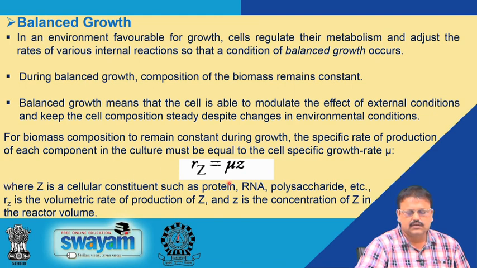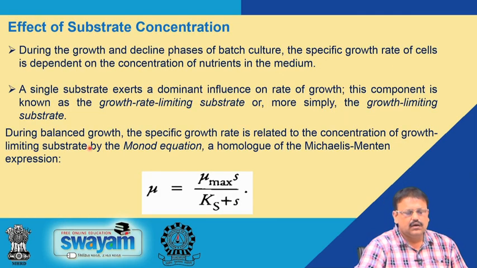In this case R z equals mu z, where z is the cellular constituents such as protein, RNA, polysaccharide, etc., and R z is the volumetric rate of production, and z is the concentration of the product. It may be an enzyme, the cell itself, a polysaccharide, a pigment, biodiesel, etc.